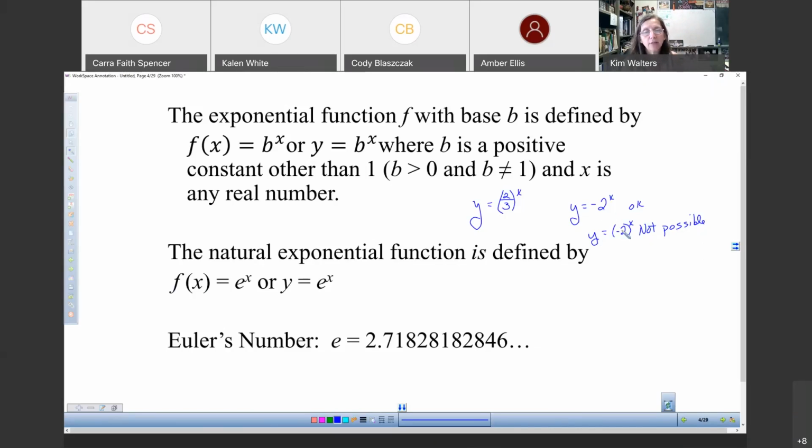All right. Now, there is a very special exponential function, and it is called the natural exponential function. It is defined where the base is this number e. Now, e is called Euler's number, and Euler's number is kind of like pi. If you remember your pi from probably middle school days, the little symbol, the pi, this kind of pi, not the apple, blueberry, or blackberry kind.